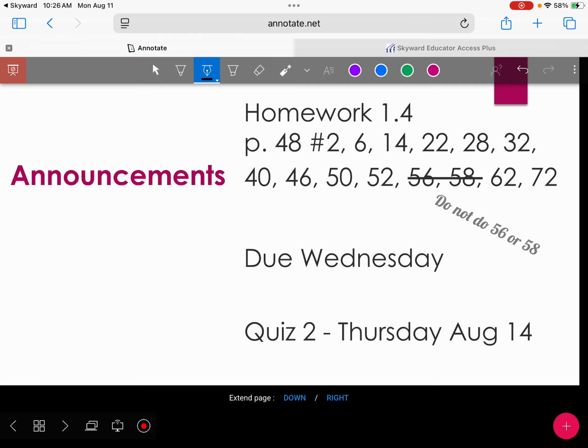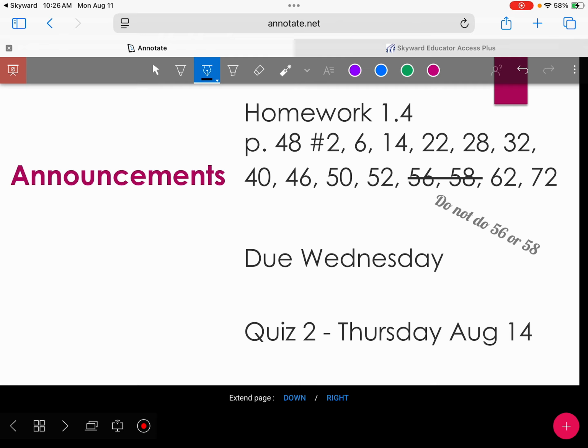I know for some of us, we were not super pleased with our quiz 1 grade. Part of that is because we're just learning how things are worded, or we made some silly mistakes, and that's okay. We're still getting the feel of it. The lowest quiz score will drop. For some of us it's going to be quiz 1, and for some of us it might not be, and that's okay.